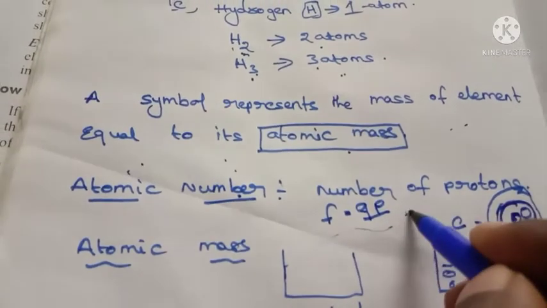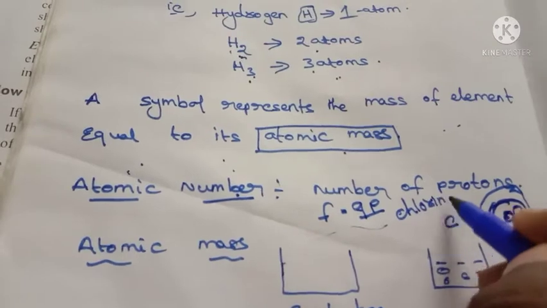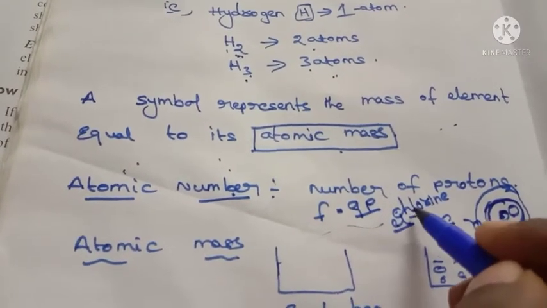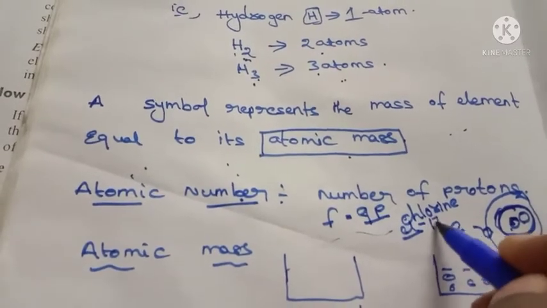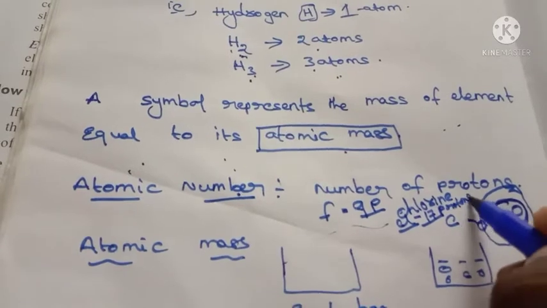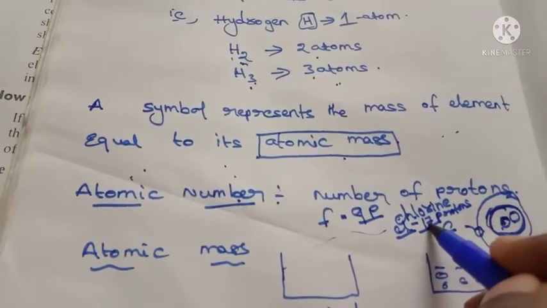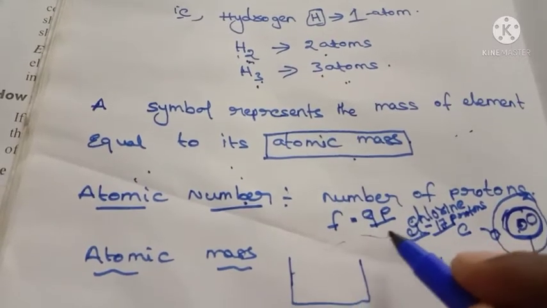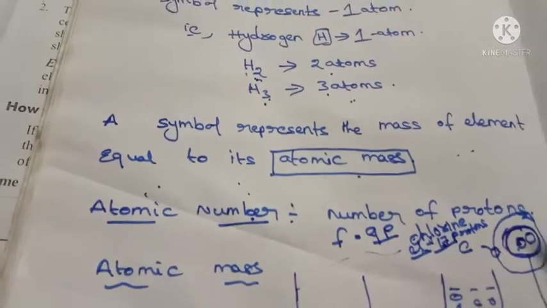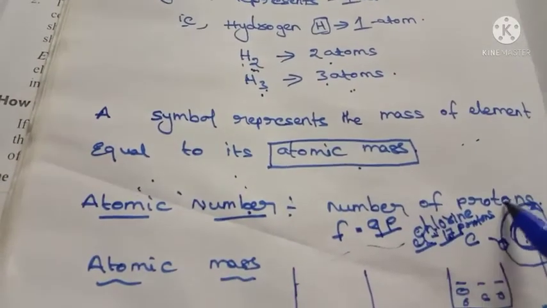In chlorine, which I am writing as Cl, there are 17 protons. That means the atomic number of chlorine is 17. Like this, atomic number means number of protons.